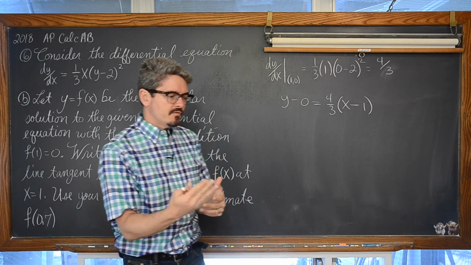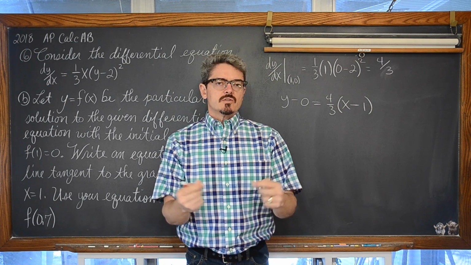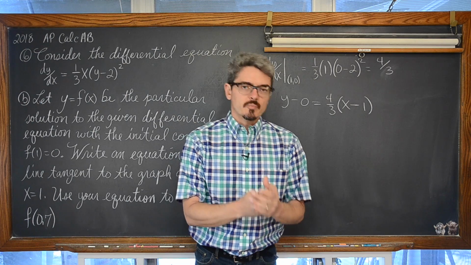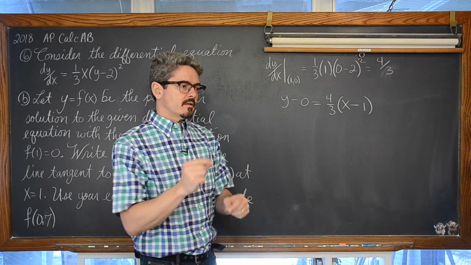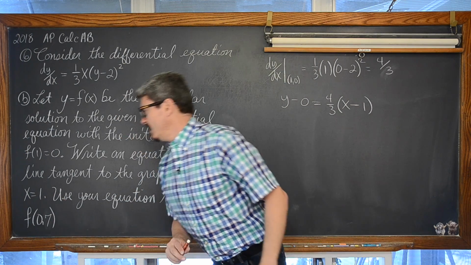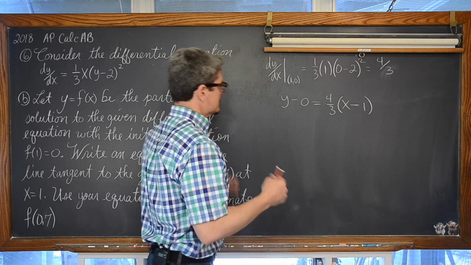If an AP question is asking for an equation of a tangent line as a final answer, they are going to want that in slope-intercept form. But you really want to leave this in point-slope form to make it clearer how you're going to find that approximation at the x value of 0.7. At least the way I like to look at this.